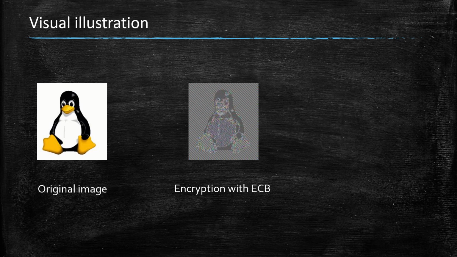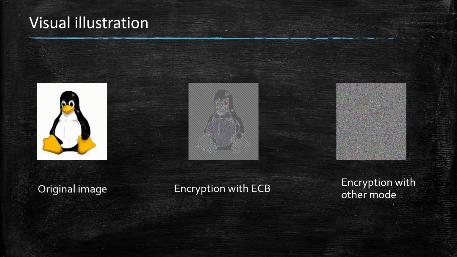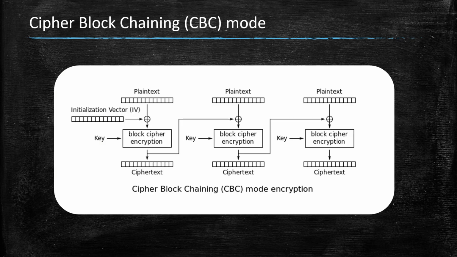Which means you don't really know exactly which colors you had originally, but you certainly see the shape of the image that was encrypted. So it's very insecure. It definitely leaks information about the plaintext, as opposed to other modes where you see something that is more random looking. Each block should look like it could have been anything.